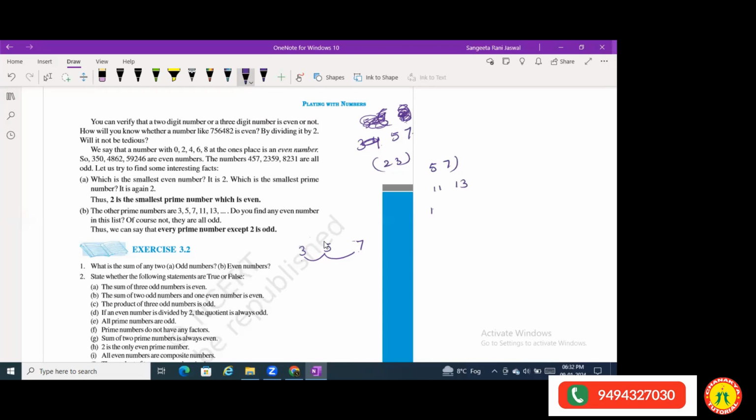Then you can have 17, 19, 21, 22. Although 22 is not prime, the common factor between these two numbers is 1 only. You can have 29, 31.